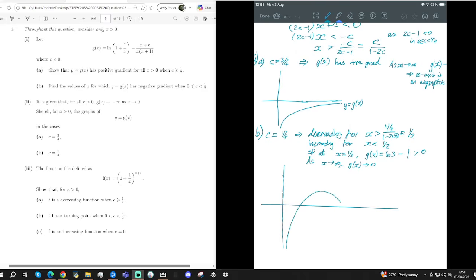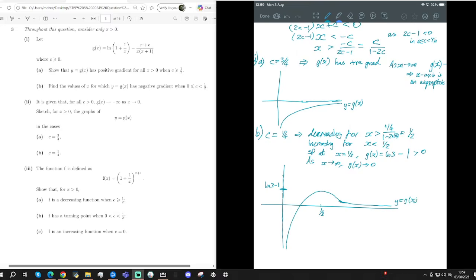But now we have our increasing region up to a half, our decreasing region bigger than a half. We're not going to get another stationary point because we're decreasing for the entirety of this time, so there's no increasing section to make that stationary point. So we're actually tending to the x-axis from above this time. And I'm also going to label on this being ln 3 minus 1. This is y equals g of x.